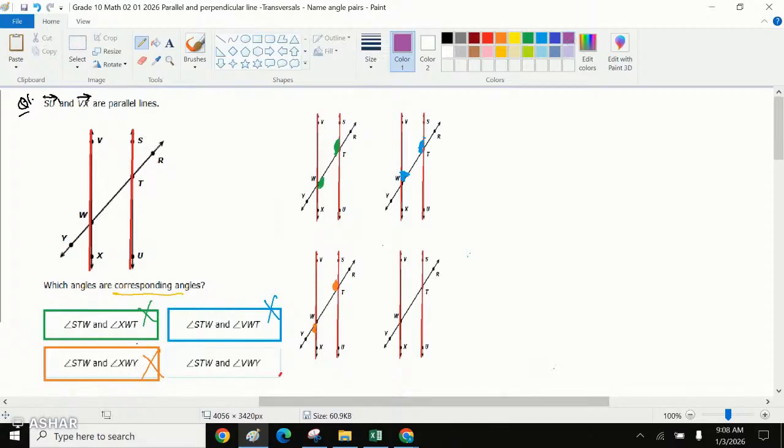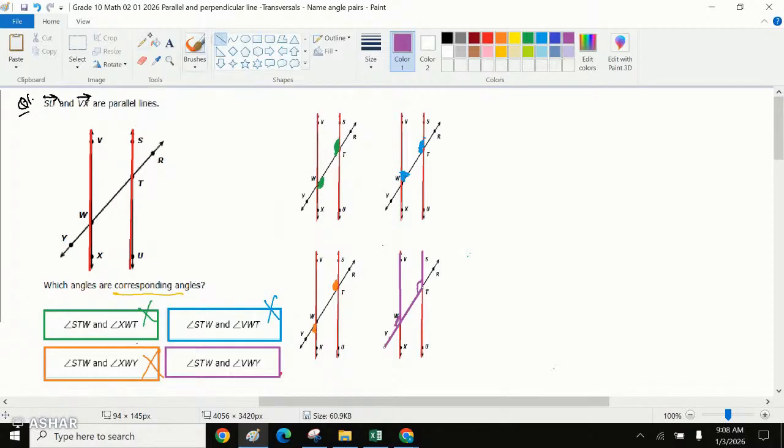So the last option we have is STW, this angle, and VWY, V, W and Y, right? So can we see a formation of F over here? Yes, we can, right?